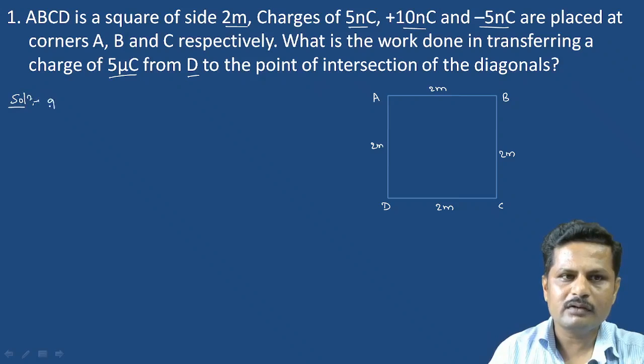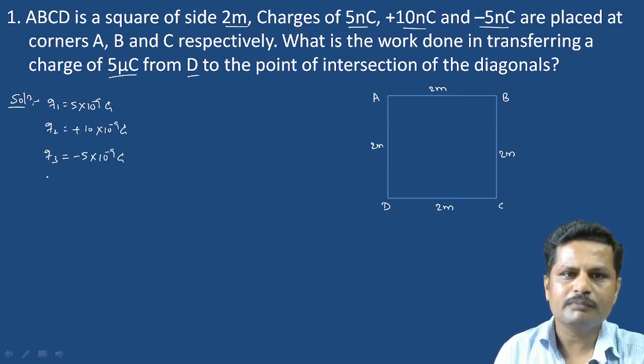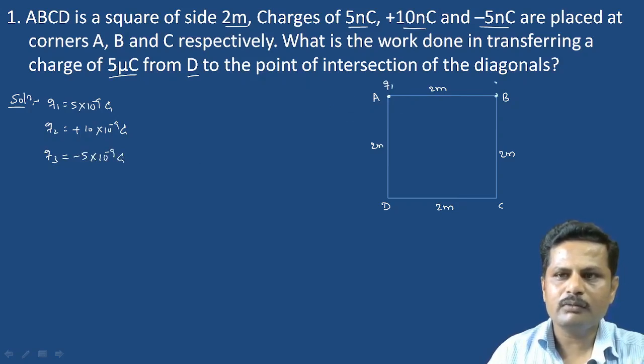Let me consider Q1 equals 5 nanocoulomb, that is 5 times 10 raised to minus 9 coulomb, and Q2 equals plus 10 nanocoulomb, and Q3 equals minus 5 times 10 raised to minus 9 coulomb. So let me place here the A. At A, Q1 charge is present, at B, Q2, at C, Q3 respectively.